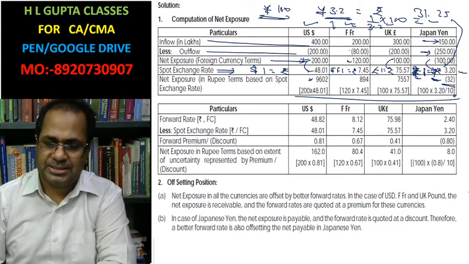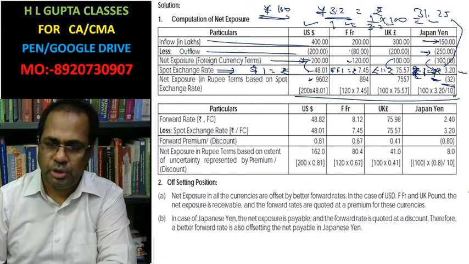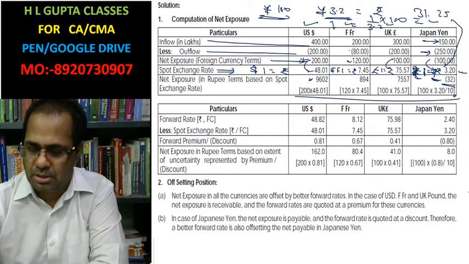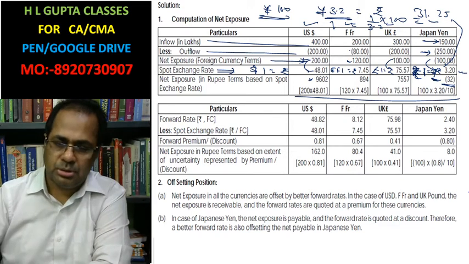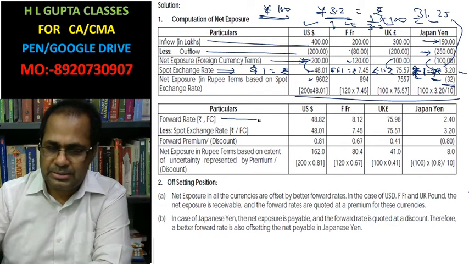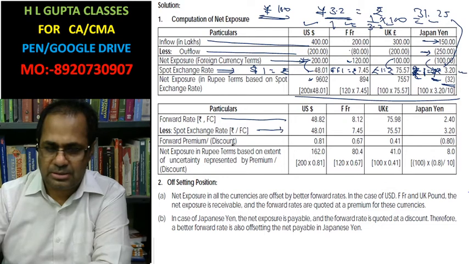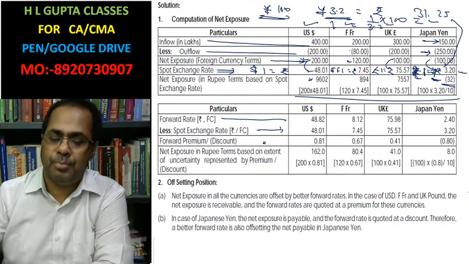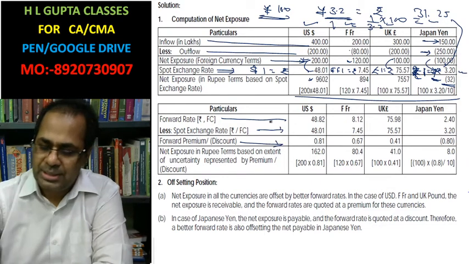Now in the next question, the forward rate is this and the spot rate is this. Is it a premium or a discount? What is the premium?